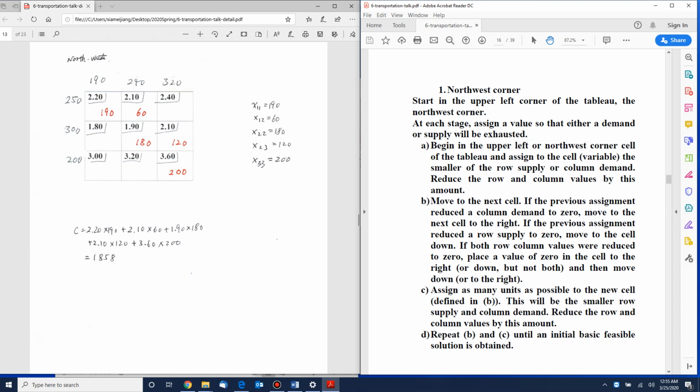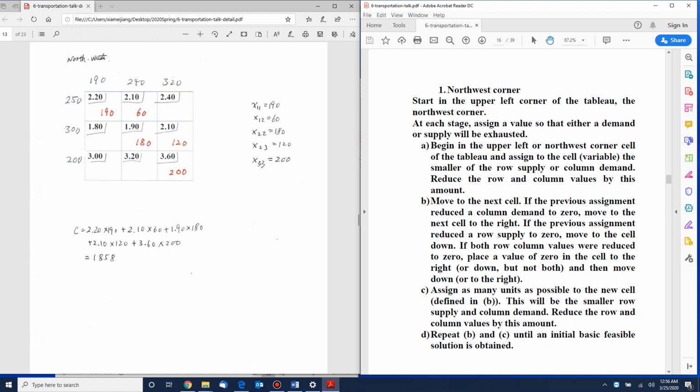See here in this example, we first fill in cell 1,1, and then the rest we put into cell 1,2. When we fill in cell 1,2, the first row is finished. Then you can see that market 2 only has 60, and we need 240, so we move down to the next row and get 180 from source 2.